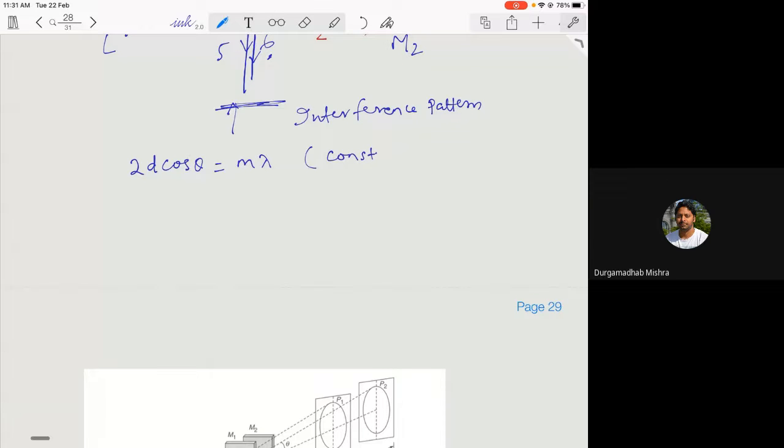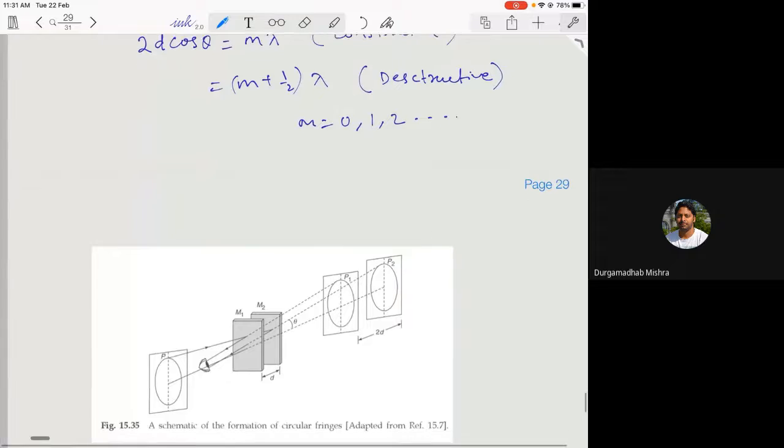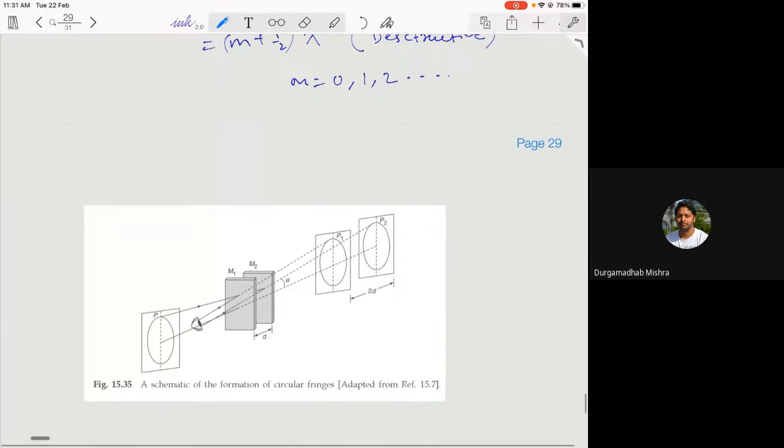and if it is m plus half lambda, this is your destructive. So m will be your integer. So what is theta here? Theta is nothing but this angle that you see the fringe pattern will make with respect to your central axis.